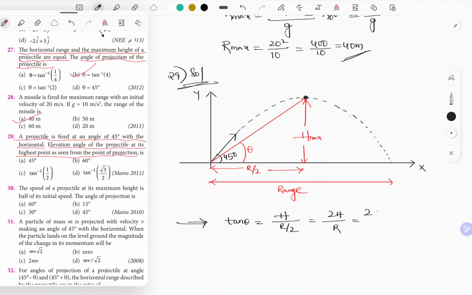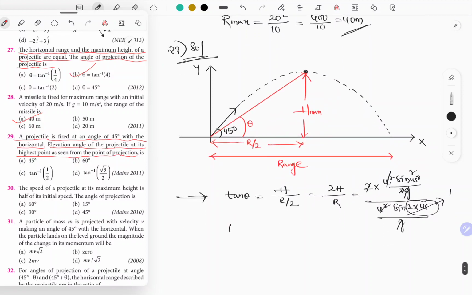So what's the formula for H? H is equal to u square sine square 45 degrees by 2g, divided by the range formula u square sine 2 into 45 divided by g. U square by g will get cancelled out. Sine 90 is equal to 1. So I am left with this, 2 will get cancelled out.